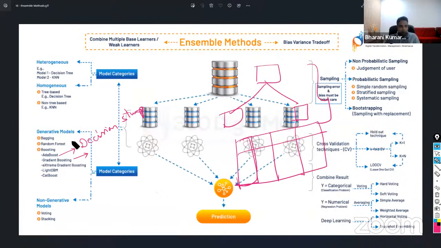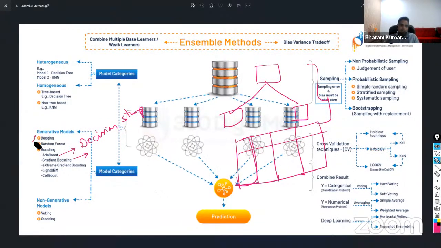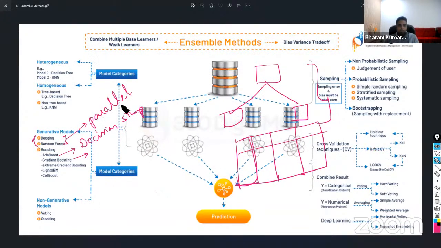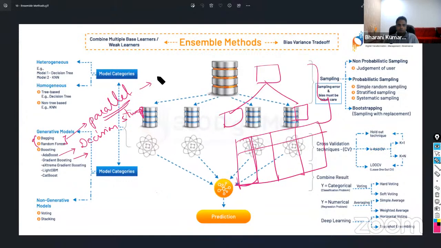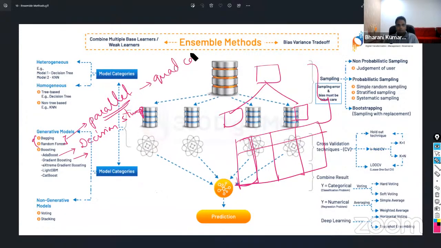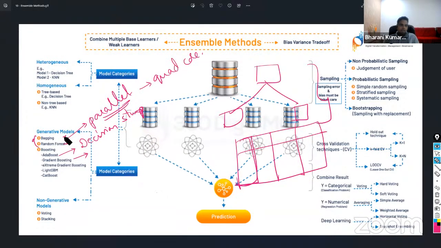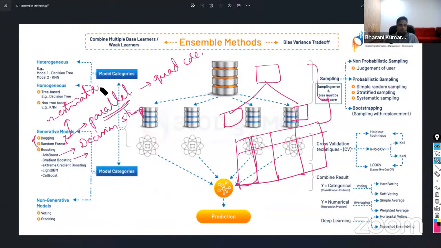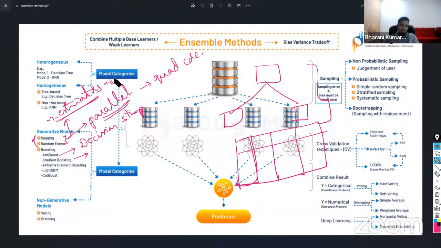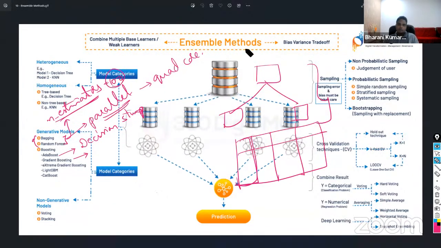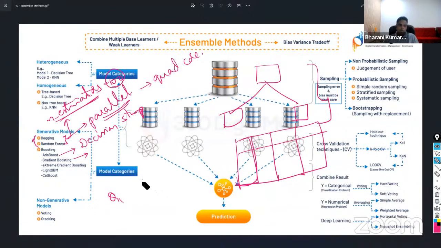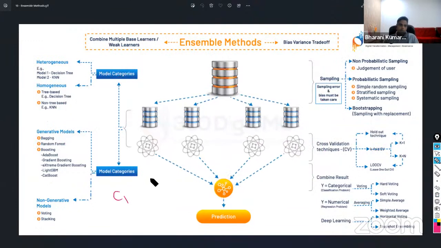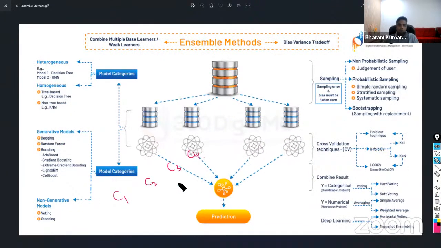And while bagging and random forest have parallel processing capabilities, that means if you have quad core, and if you're saying that number of estimators, that is number of algorithms that you want to run, is 100, for instance, what will happen is you'll have core 1, core 2, core 3, and core 4.